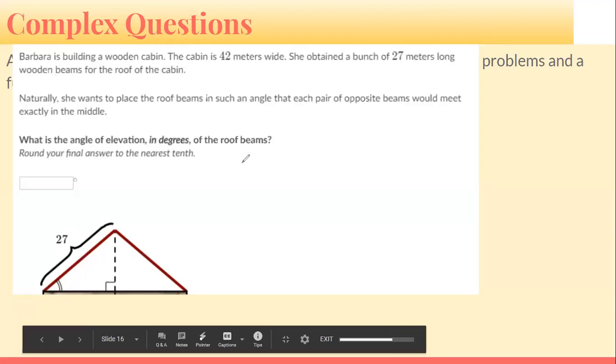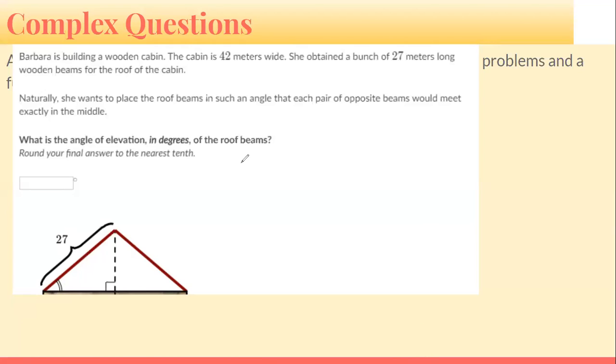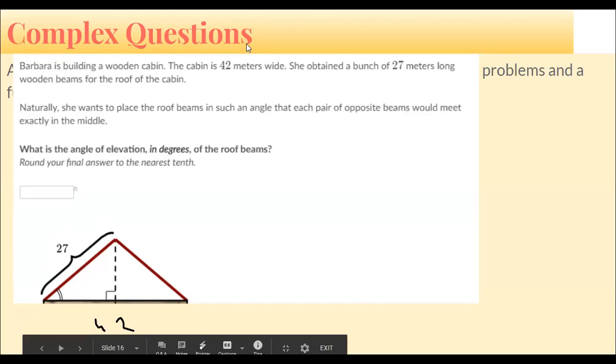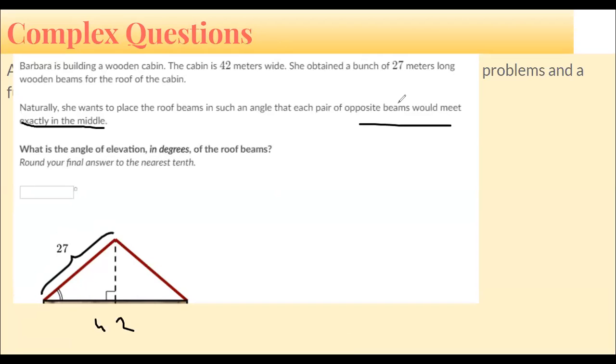It says that the wooden cabin is 42 meters long, right? So let's see what we could do about this. The opposite beams should meet exactly in the middle, meaning this altitude would divide this equally.